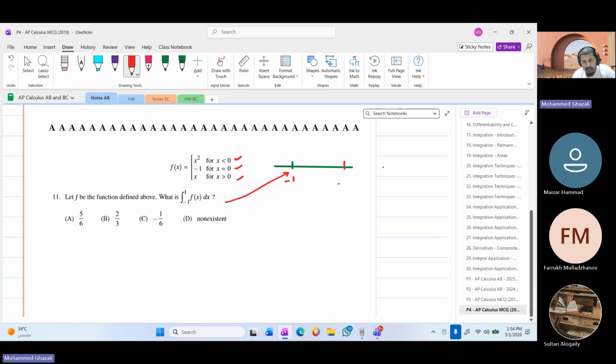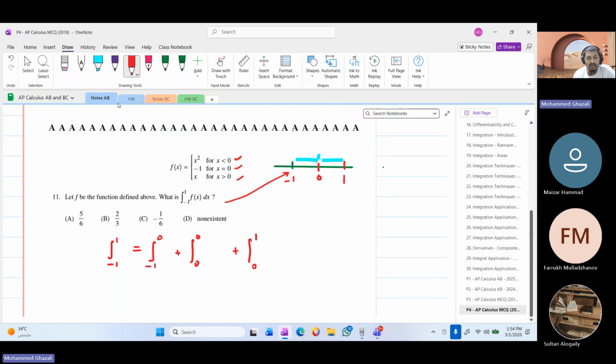If I'm evaluating this integral from negative 1 to 1, remember there's a split in between, there's a 0 in between. So the integral from negative 1 to 1 basically becomes the integral from negative 1 to 0, plus 0 to 0, because there's 3 parts of the function, plus 0 to 1.